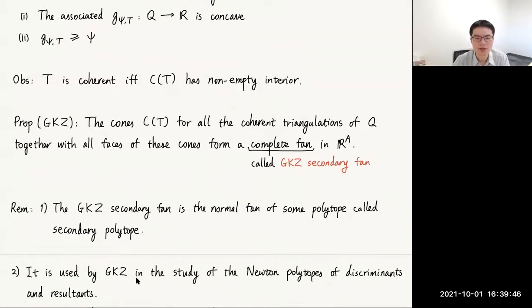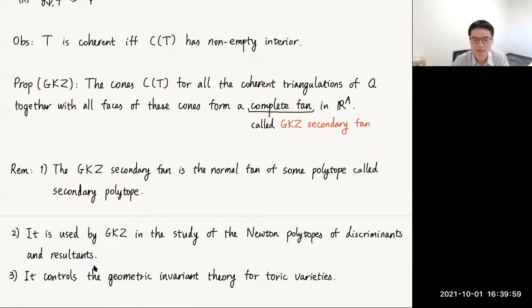It is used by GKZ in the study of the Newton polytopes of discriminants and resultants. This is the main theme of their book. And furthermore, this secondary fan controls the geometric invariant theory for toric varieties. Okay, so this is all I want to say for the elementary picture of the secondary fan.